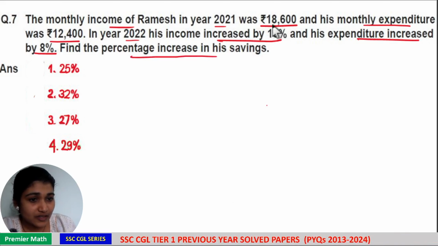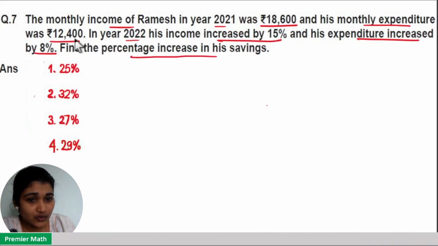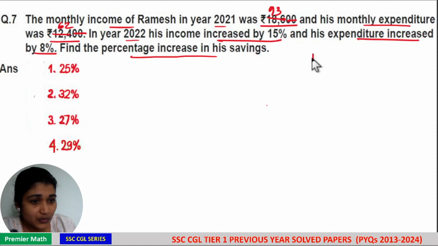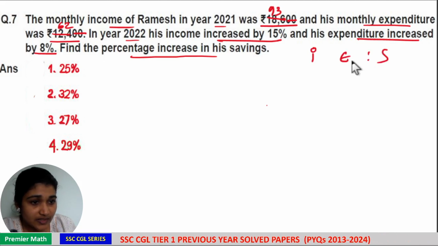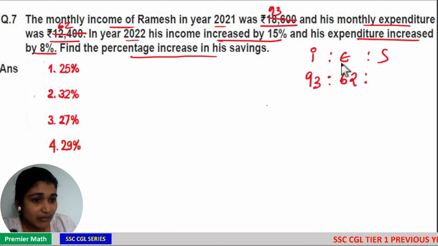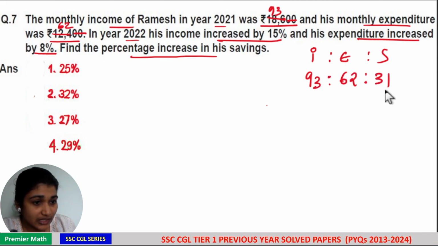Here, instead of 18,600 and 12,400, take the ratio. 0, 0 cancel. 2 goes 93 times in 186 and 62 times in 124. So the income and expenditure ratio becomes 93 part and 62 part, which means savings is equal to income minus expenditure, 93 minus 62, which means 31.